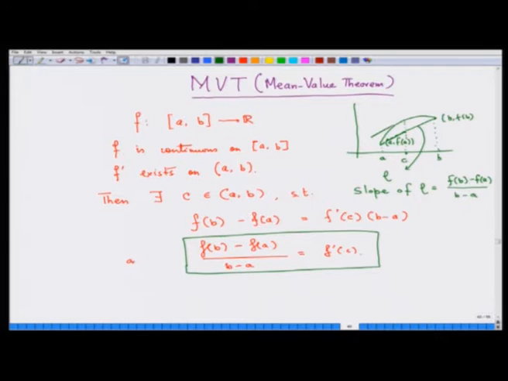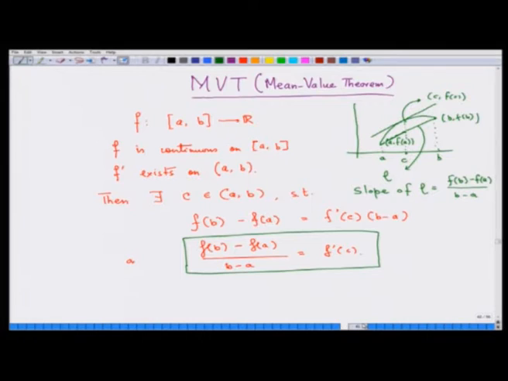If I draw the tangent to the curve at the point (c, f(c)), tangent to the graph of the function at the point (c, f(c)), that must be parallel to the line segment joining (b, f(b)) and (a, f(a)), and that means that they have the same slope. But the slope of the tangent line at the point (c, f(c)) is nothing but f dash c, and that is exactly what is written. So the geometry gives you the answer.